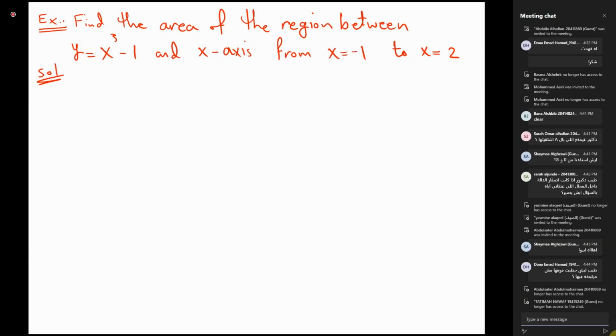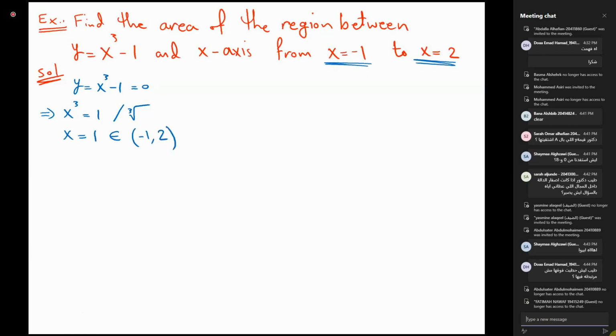Here, firstly find y equals x to the power 3 minus 1 equals 0. So x to the power 3 equals 1. By taking the cube root, we have x equals 1, and this belongs to the interval from -1 to 2. This is our interval from -1 to 2.